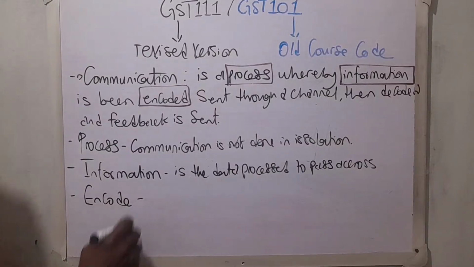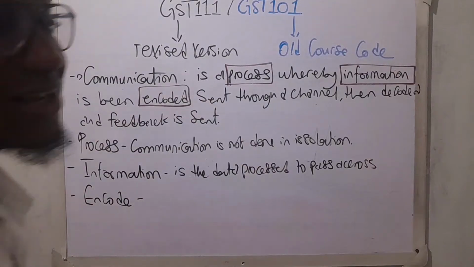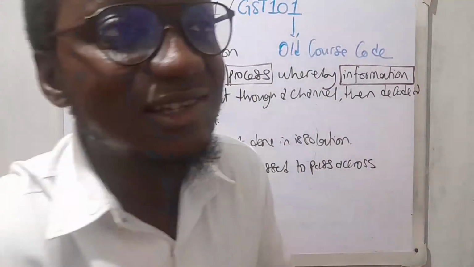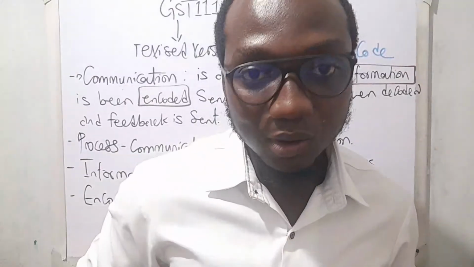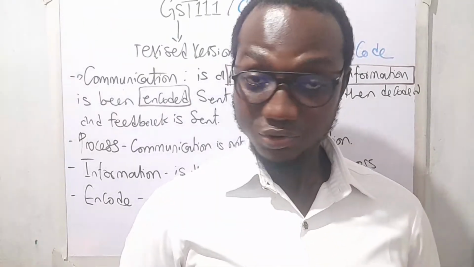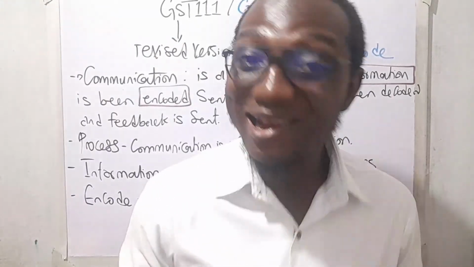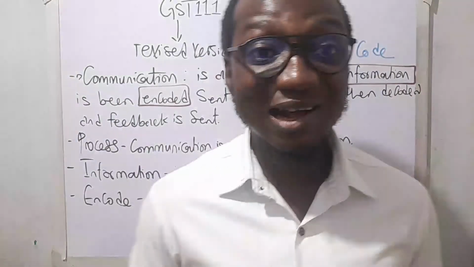Now, you see when we talk about encoding of information, we are simply saying that, let's say, for example, you know very well that I am a Yoruba person. Okay, I barely understand Igbo or Hausa. All right, I understand the basics.